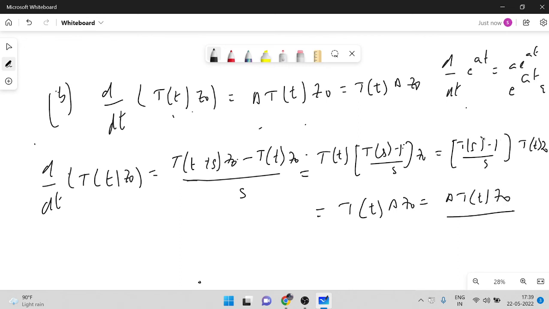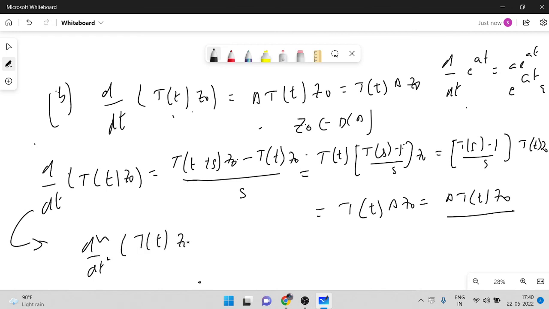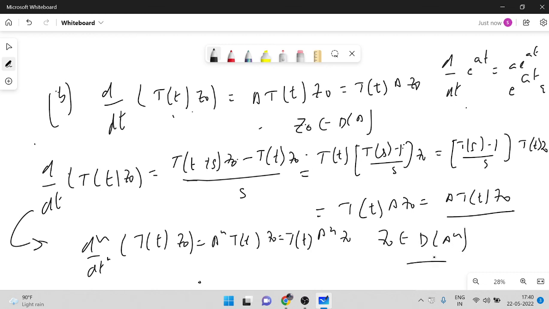This is the definition of A, and you do this inductively. So z naught obviously has to belong to the domain of A. Doing this inductively, d by dt power n of T of t z naught equals A power n T of t z naught, which equals T of t into A power n z naught. But here z naught obviously has to belong to the domain of A, or else the limit won't make any sense.